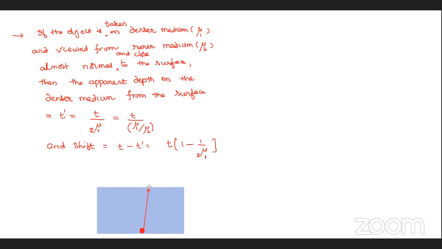Angle of incidence is tending to 0. And here this is the refracted light ray after refraction into that rarer medium. Here finally I will find the object will be somewhere here, up here on this line. Somewhere here object will be.